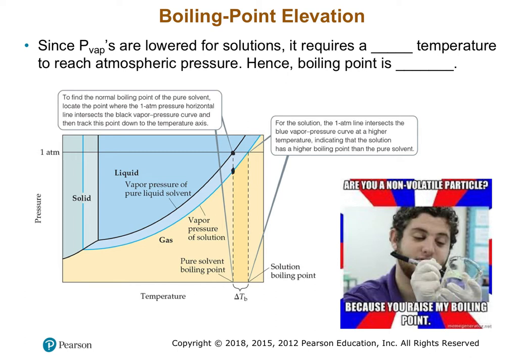So I'm not at atmospheric pressure yet, so I need to actually heat it up. I need to add more energy. So I have increased the temperature that it requires to boil. So I'm going to boil at a higher temperature now because I have to heat it up more to get it up to atmospheric pressure. So boiling point is raised.